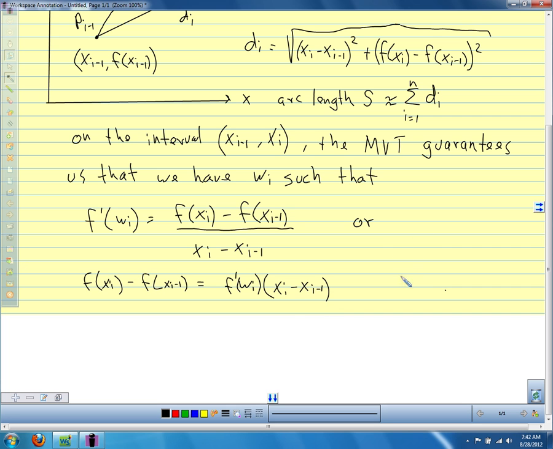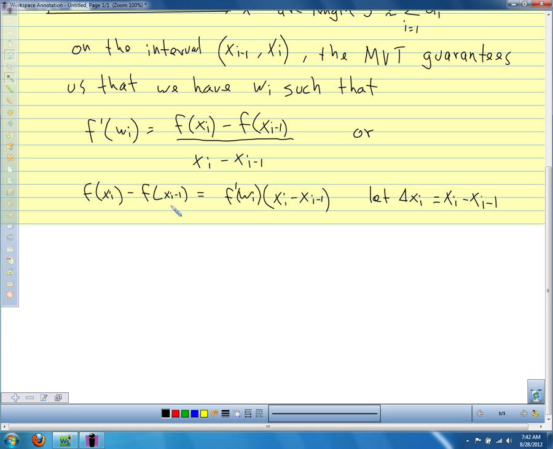So rather than writing x sub i minus 1 and x sub i, I'm going to say let delta x sub i, the change in the x value, equal this quantity, just to simplify our writing.